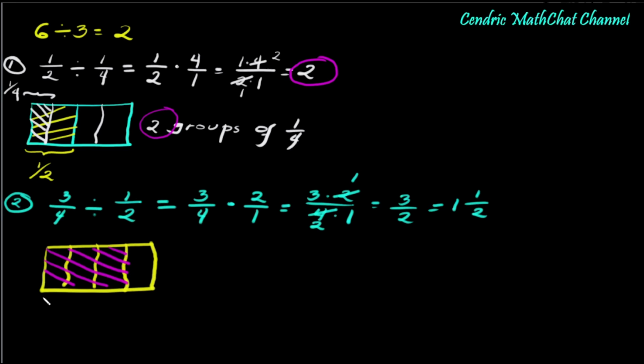This is our 3/4. It's our starting amount. And then ang gagawin natin, ilang 1/2 ang pwede nating makuha out of this 3/4, right? How many halves? How many groups of halves can we make out of this? Or can we get out of this 3/4?